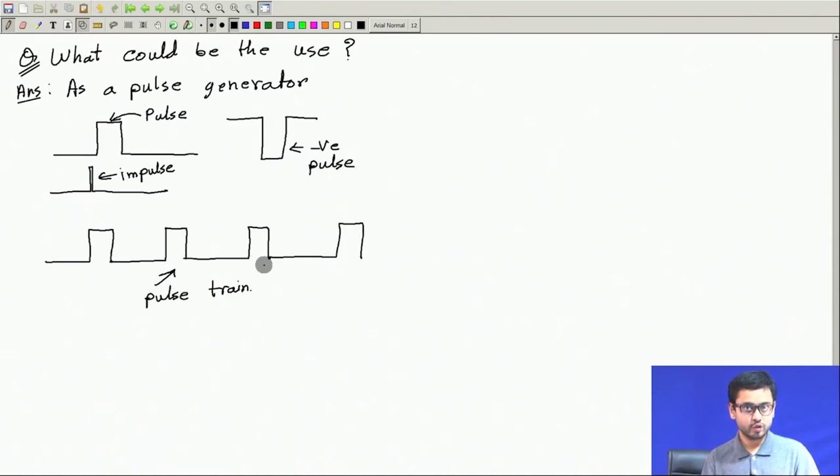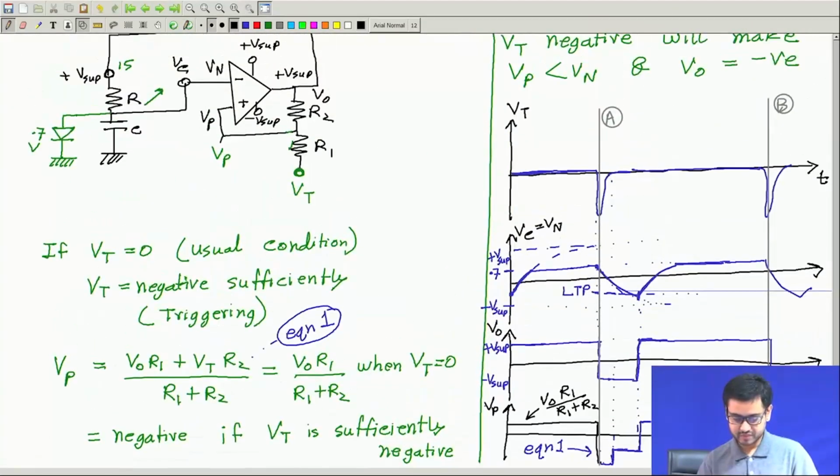So, to generate this type of pulse train, we can use a monostable oscillator circuit, which we have seen like this.